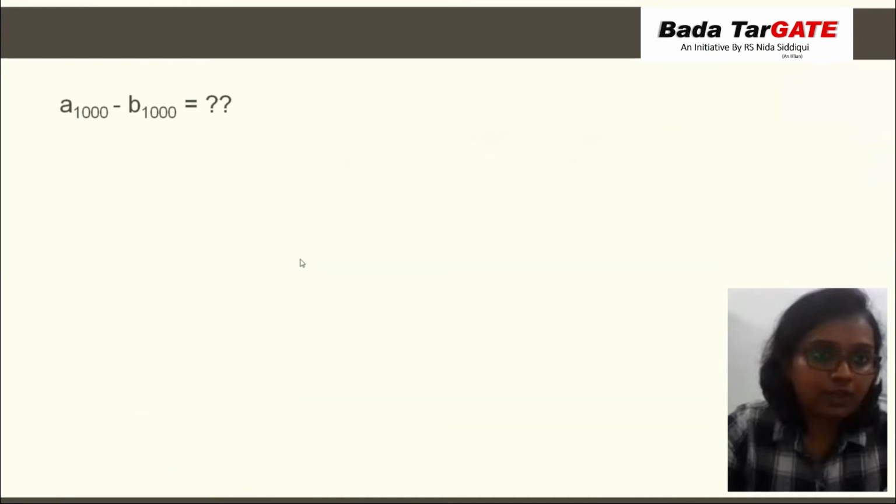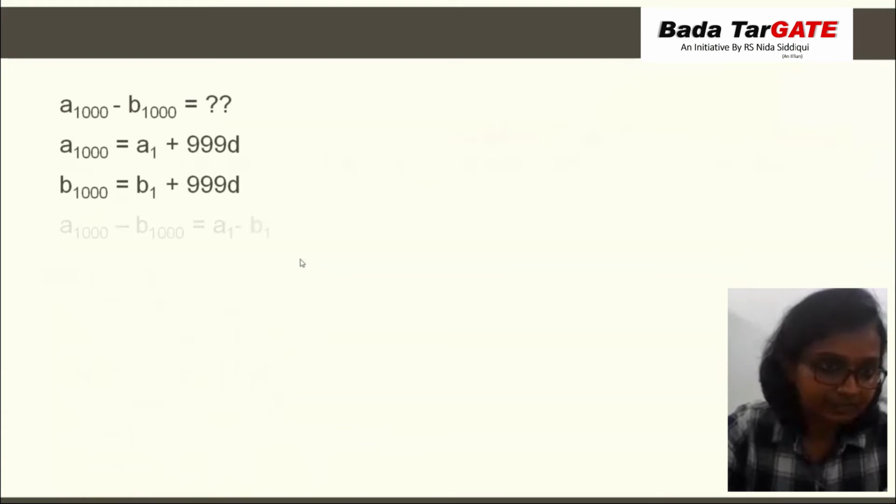Now we need to find the difference between the 1000th term in the first AP and the 1000th term in the second AP, which is A1000 minus B1000. We know A1000 is equal to A1 plus 999D. Similarly, B1000 is equal to B1 plus 999D. So the difference will be A1 minus B1, which is 100.